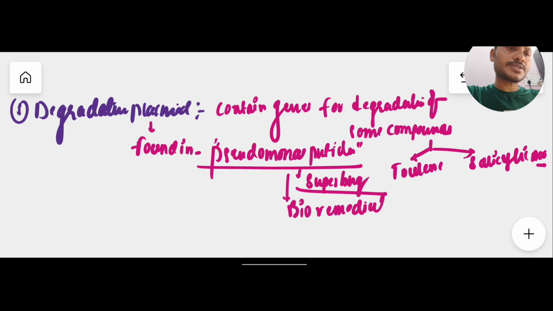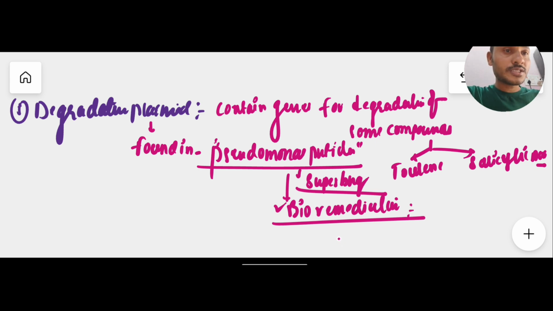Bioremediation means removing pollutants. So the solution for pollutants is called bioremediation. For bioremediation we use Pseudomonas putida because this bacterium has a degradative plasmid, and that plasmid contains genes for degradation of these compounds.